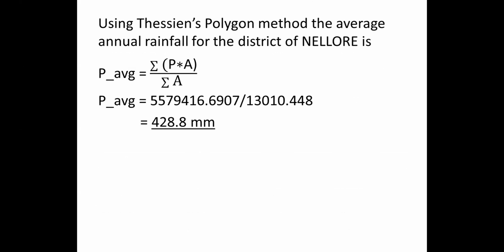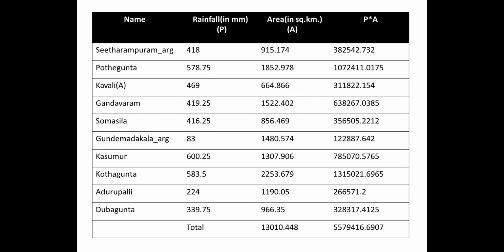Okay. What is that? 428. Sounds a little bit low. So just go back and check your numbers. I mean, you could also try arithmetic mean and see. Okay, let's look at the arithmetic mean. Yeah, some numbers look like this. I have a feeling this number might be missing some information.